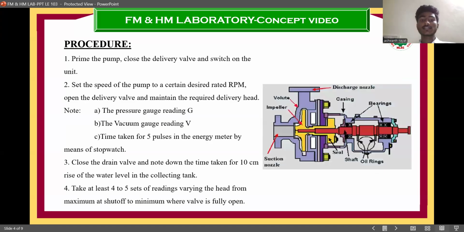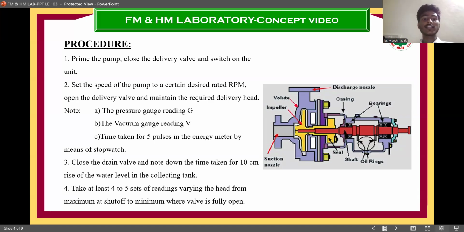Next, we discuss the procedure of the experiment for single-stage and multi-stage centrifugal pumps. The first step is to prime the pump, close the delivery valve, and switch on the unit. First, we need to check whether the delivery valve is closed or not. After all the checks, we switch on the unit.